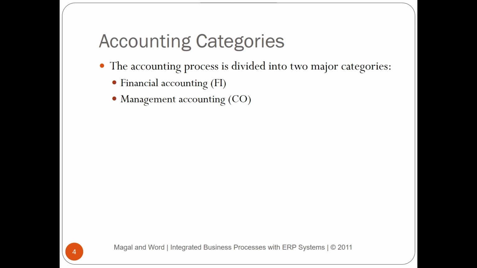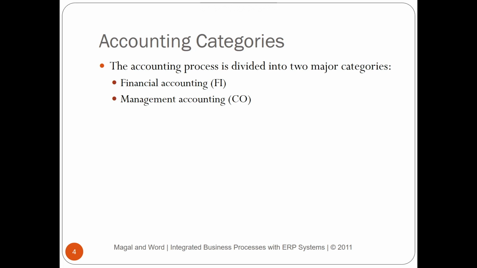Specifically, the CO reports focus on the costs and revenues which management uses to achieve the basic business objectives, such as increasing revenues, minimizing the costs, and achieving profitability.